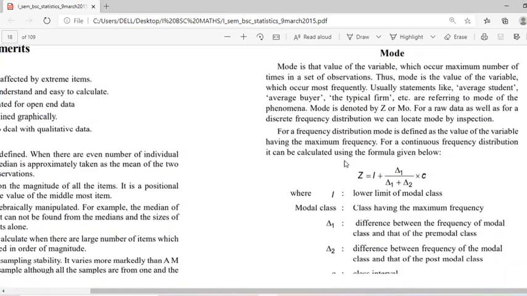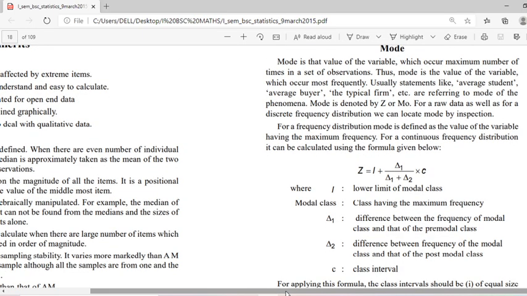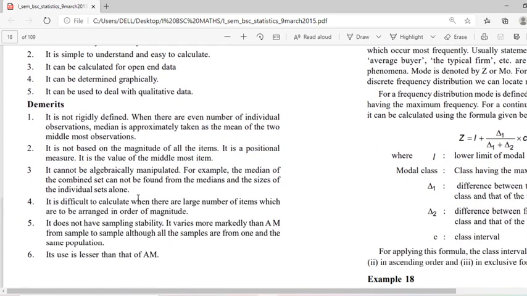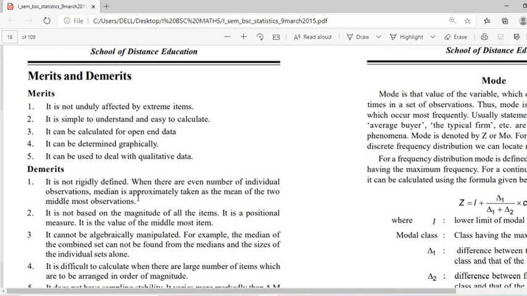As in the case of arithmetic mean, we have merits and demerits for median. What are the merits and demerits?